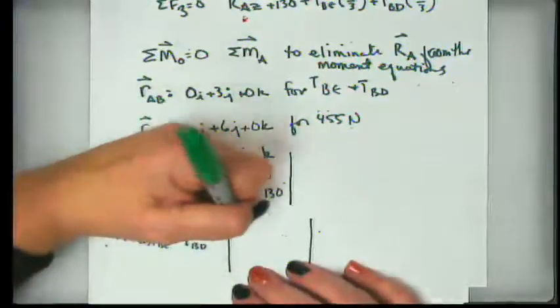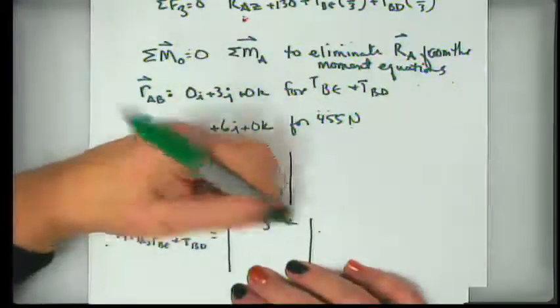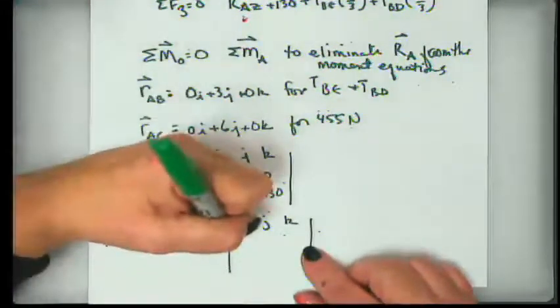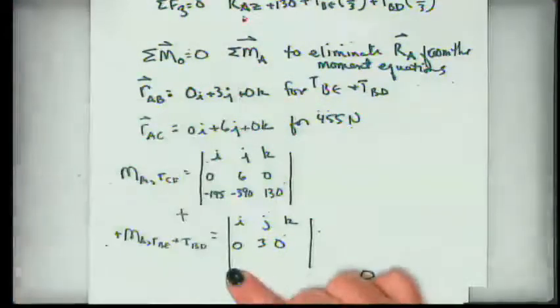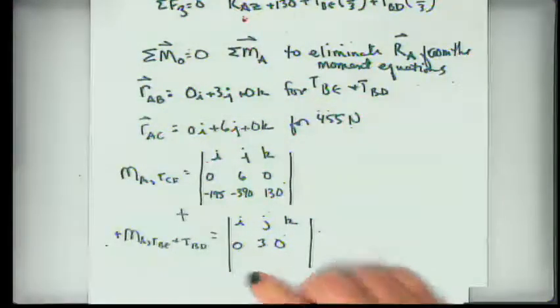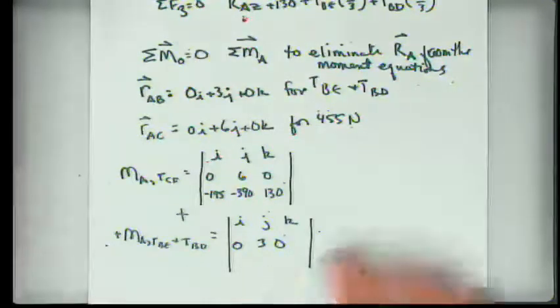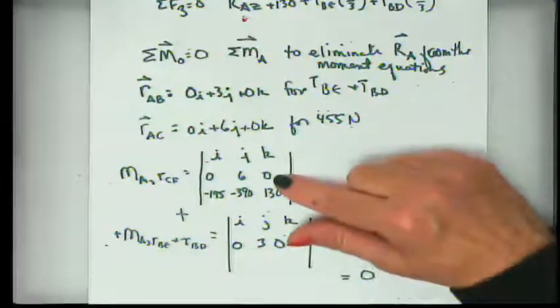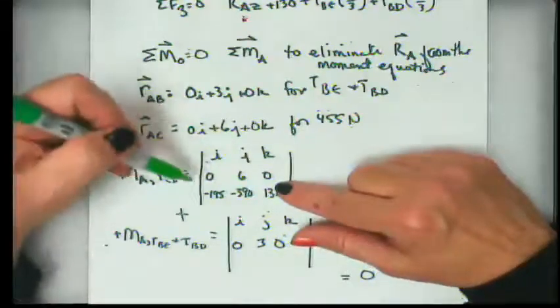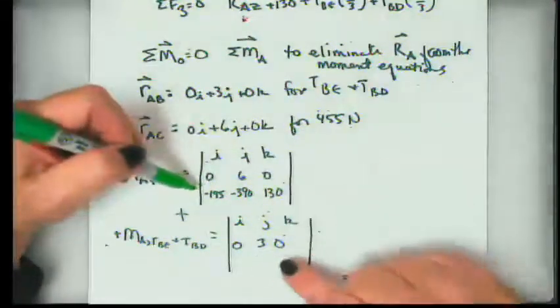So my top row is going to be IJK, my middle row is going to be 0, 3, 0, and then these will be the sums of TBE and TBD in the X, Y, and Z direction.